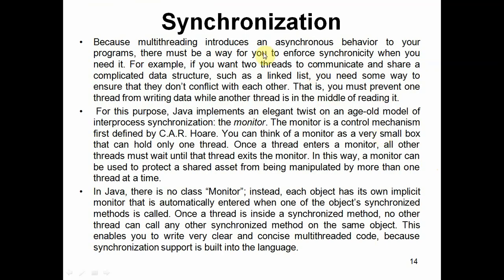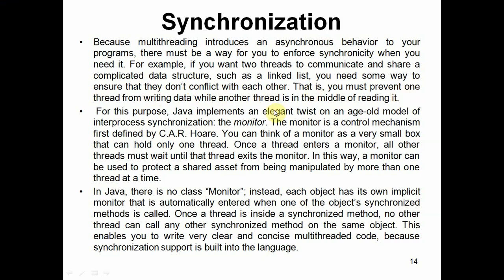Then the next one is synchronization. Because multi-threading introduces an asynchronous behavior to your programs, there must be a way to enforce synchronization when you need it. For example, if you want 2 threads to communicate and share a complicated data structure, you need some way to ensure that they don't conflict with each other.